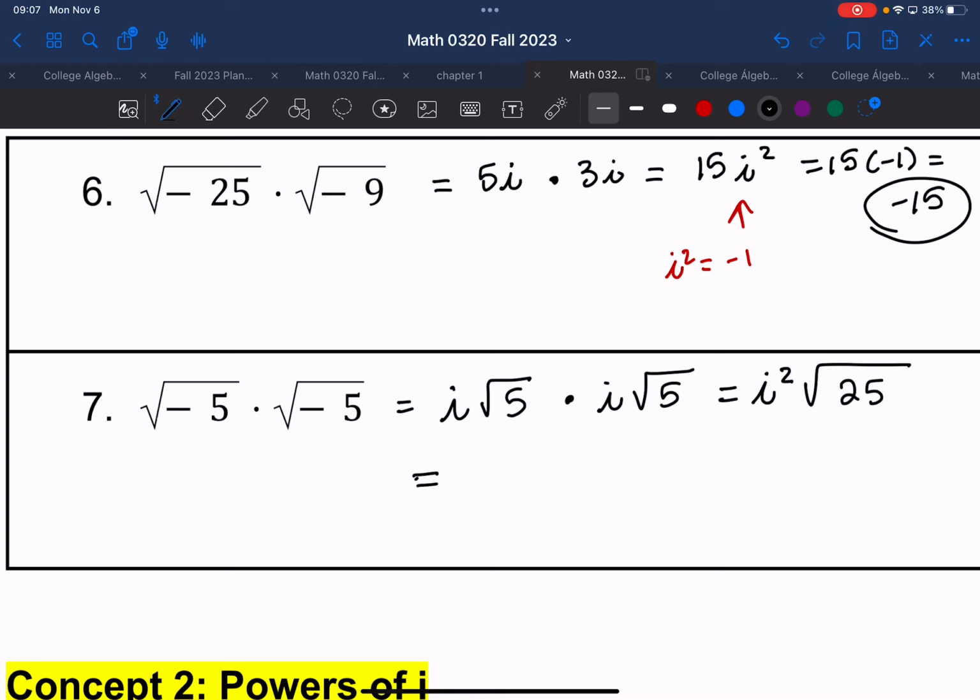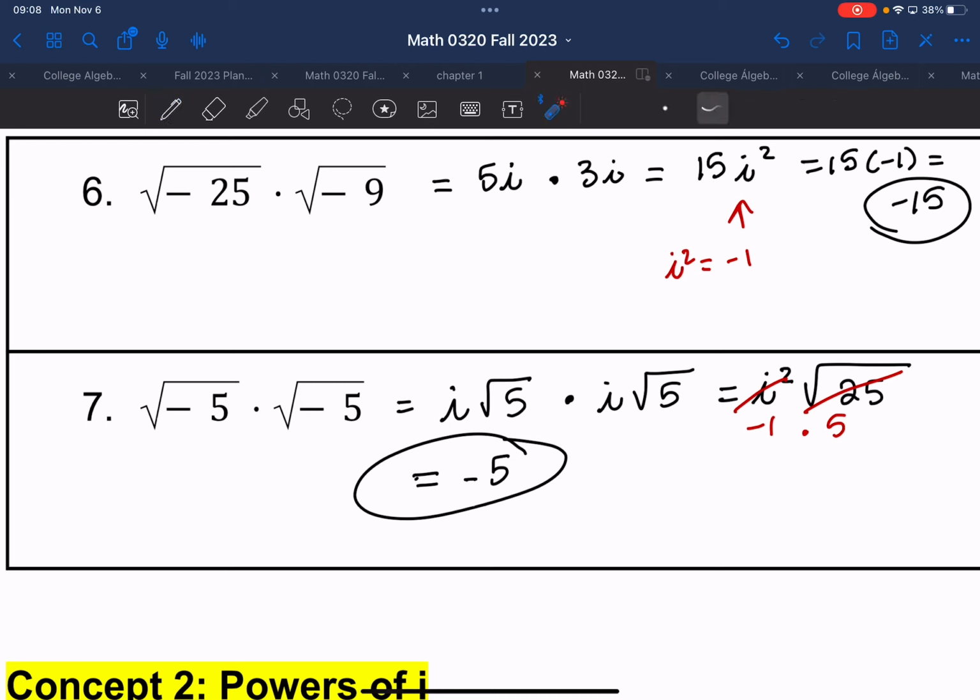Which means my answer here, that i squared turns into what? -1, and the square root of 25 is 5, so my answer is -1 times 5, which is -5. Or again, you could have remembered that square root of 5 times square root of 5 means the square roots cancel out and you're just left with 5.